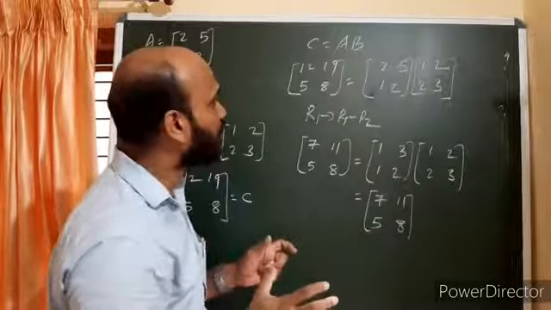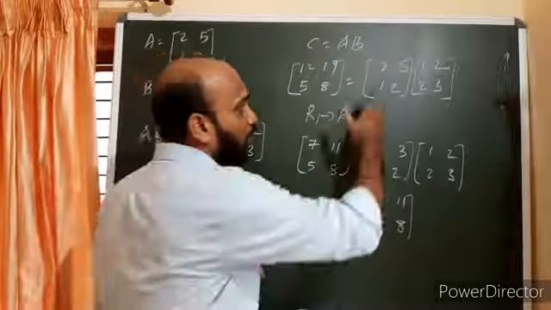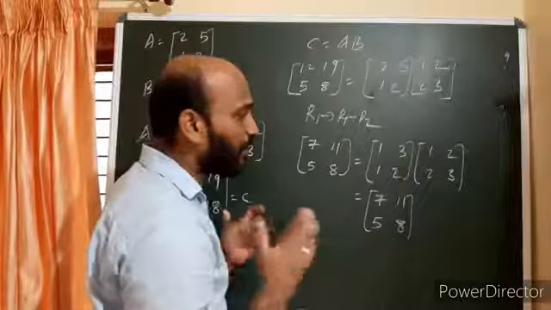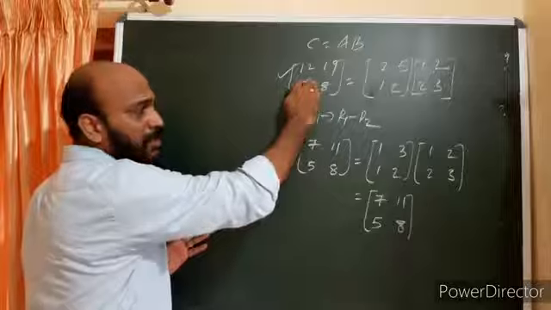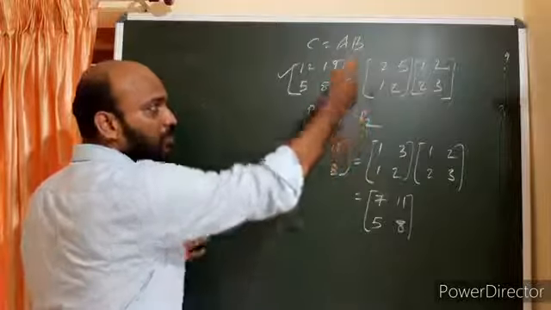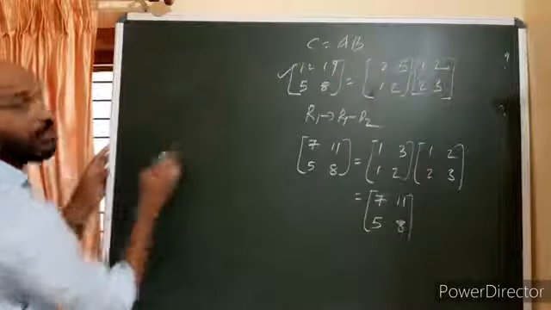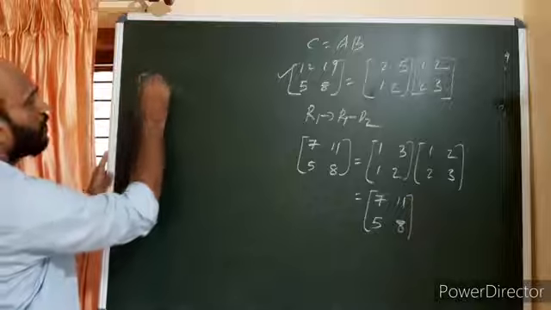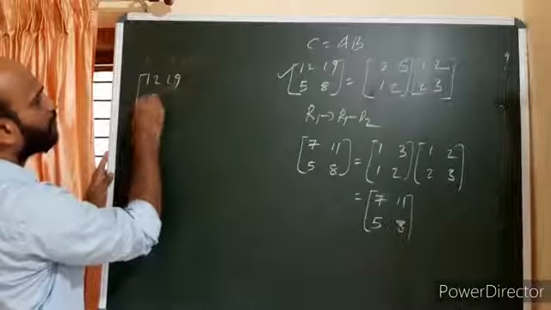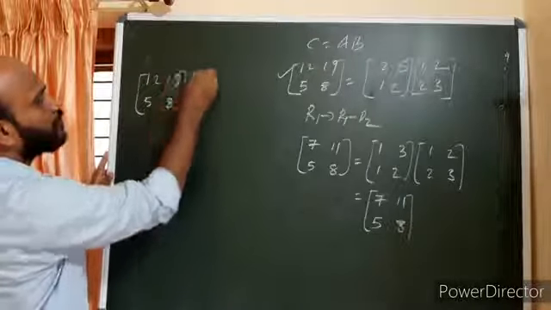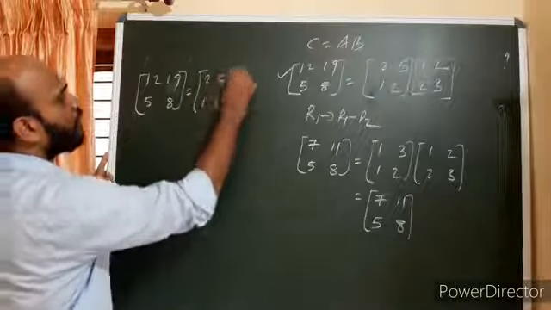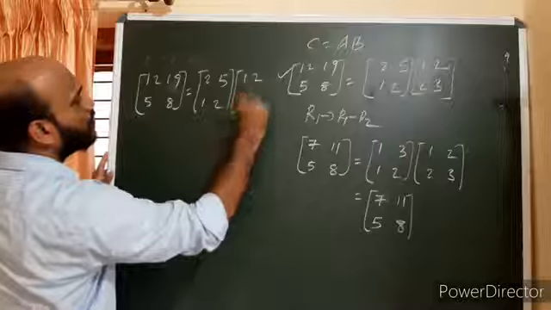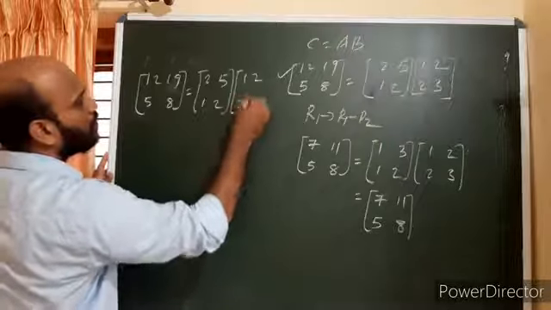Suppose you are using elementary row operation on the second matrix. What will happen? That we can check now. For the same matrix equation, I am using the same rule on the second matrix. So the left hand side will be 12, 19, 5, 8 is equal to 2, 5, 1, 2 into 1, 2, 2, 3.